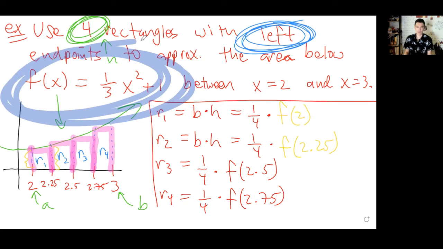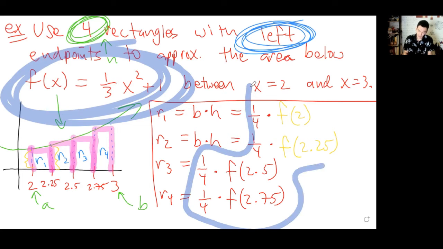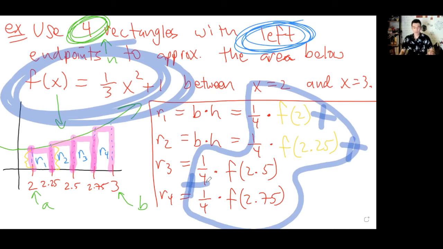That's going to be in box 1. And in box 2, you want to type in all of these guys, adding them as you go along. So let me go to Desmos for us, and let me type in the equation, and let me also type in 1/4 f of 2 plus 1/4 f of this plus 1/4 f of this plus 1.